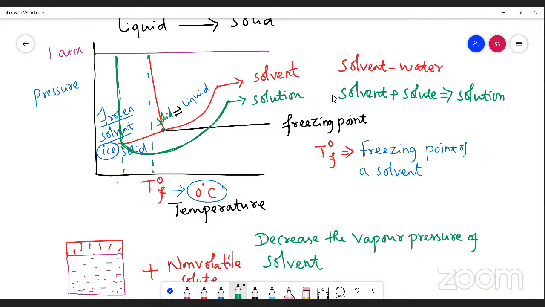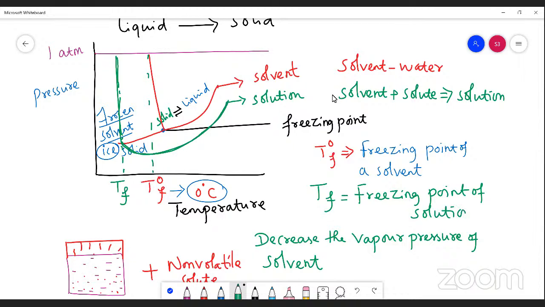Already we know what T naught F is. T naught F is nothing but the freezing point of a solvent. Now I am going to give what TF is. The TF is nothing but the freezing point of a solution.